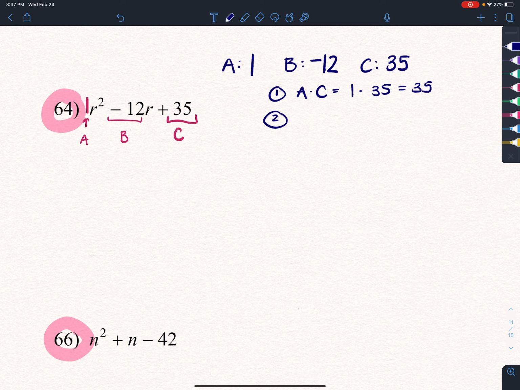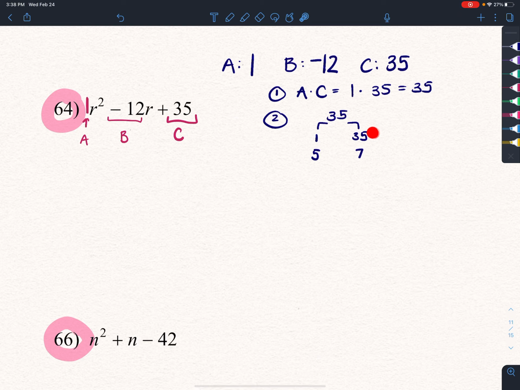Second step is looking at 35 and having our little umbrella and have it rain factors. So 1 times 35 will give us 35, and 5 times 7 will give us 35. Now this is the part that I didn't specify, since the last examples were simple.